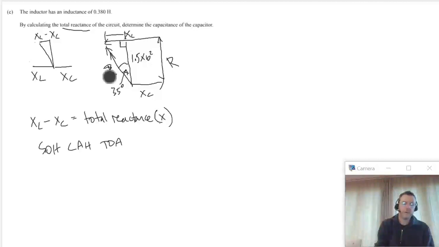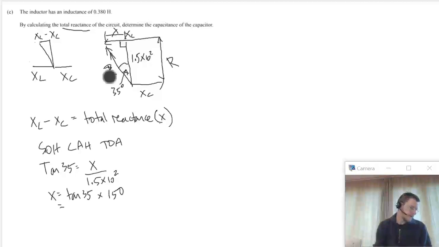So tan 35 equals x over 1.5 times 10 squared, where x is this distance here. x equals tan 35 times 150, and that is 105.03 ohms. Okay, that's a starting point.